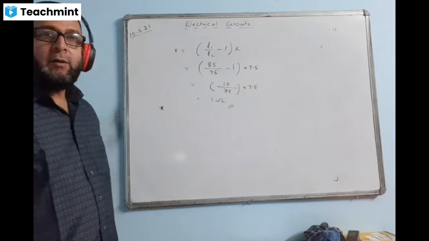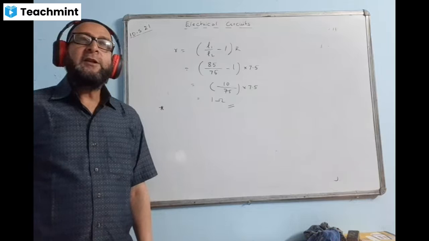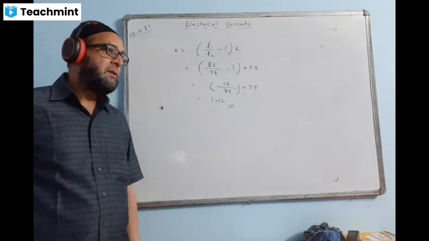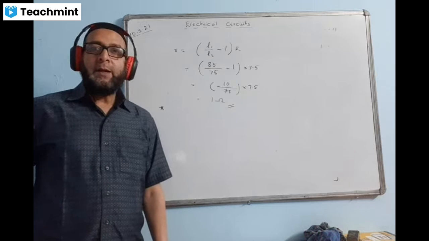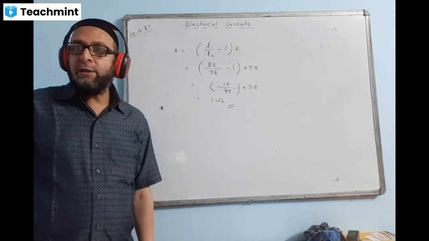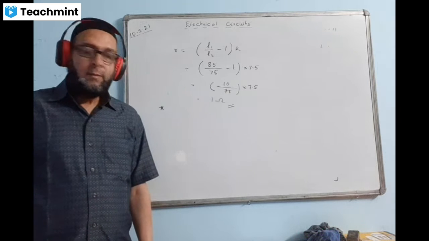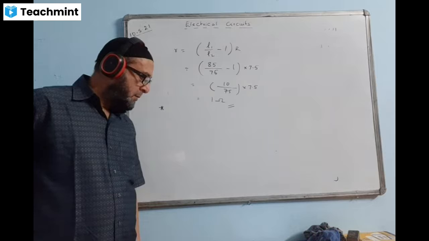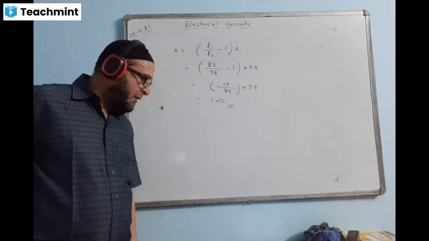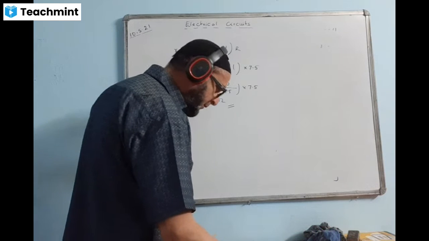The sensitivity of a potentiometer can be increased by increasing the current, or by increasing the length of the potentiometer wire.